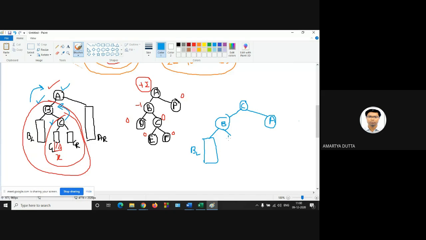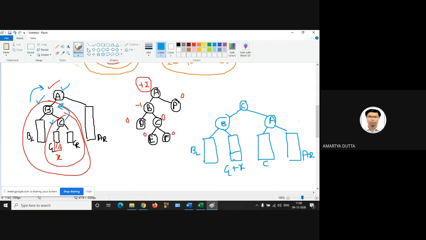This will be CL plus X. What about A? From A, the right side will be your last node AR, and the left side will be CR. Okay, so this is the notation.